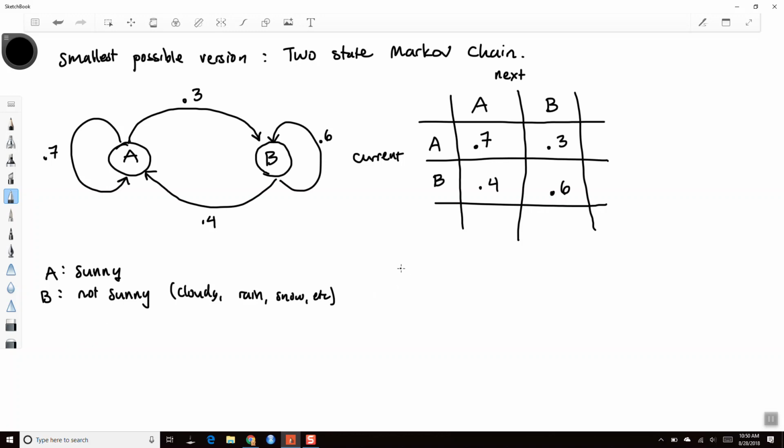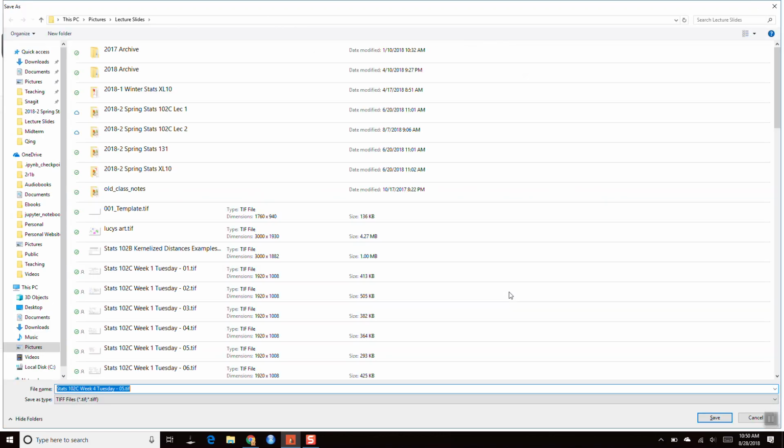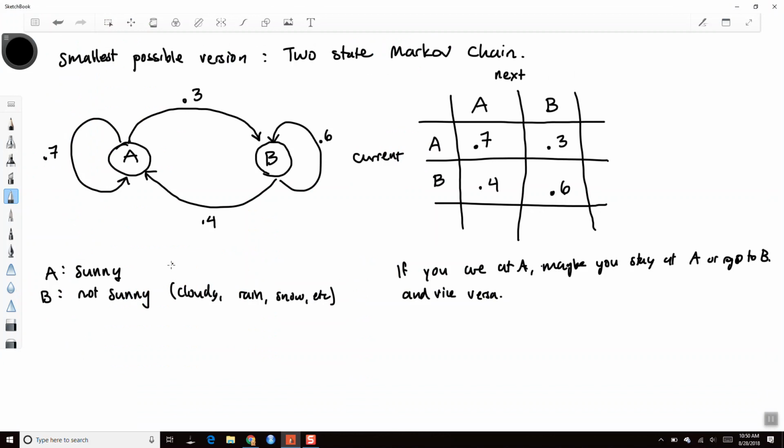Okay, and so, you know, if you are at A, maybe you stay at A or go to B. And if you're at B, you know, likewise, and vice versa. Okay, and the Markov property here is that your next state depends only on your current state.